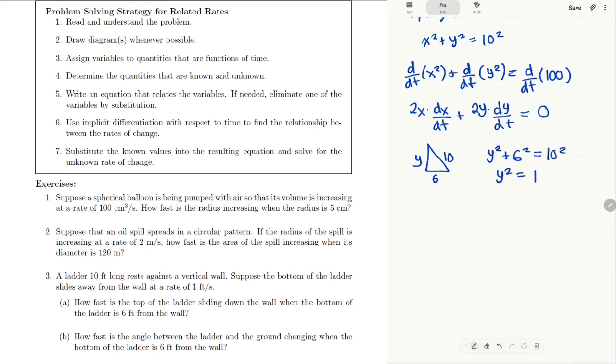So y squared is 100 minus 36. y squared is 64. So y is plus or minus root 64, which is plus or minus 8. Now, since distances can't be negative, we will choose the positive root. So y is going to be 8 feet.